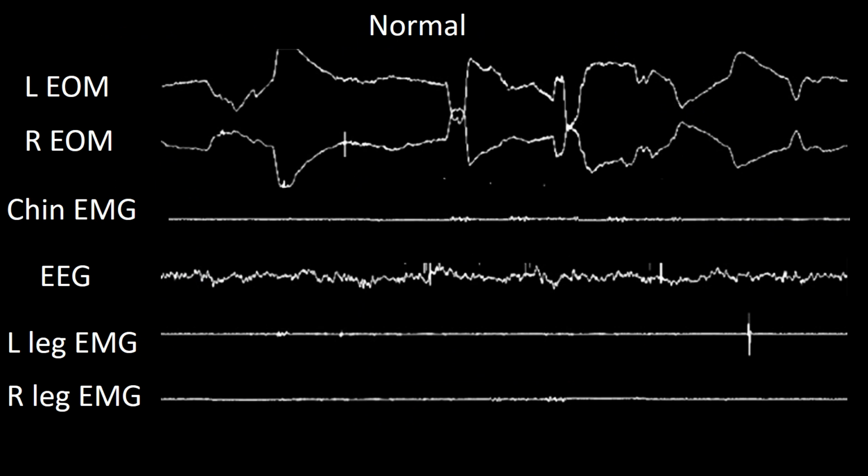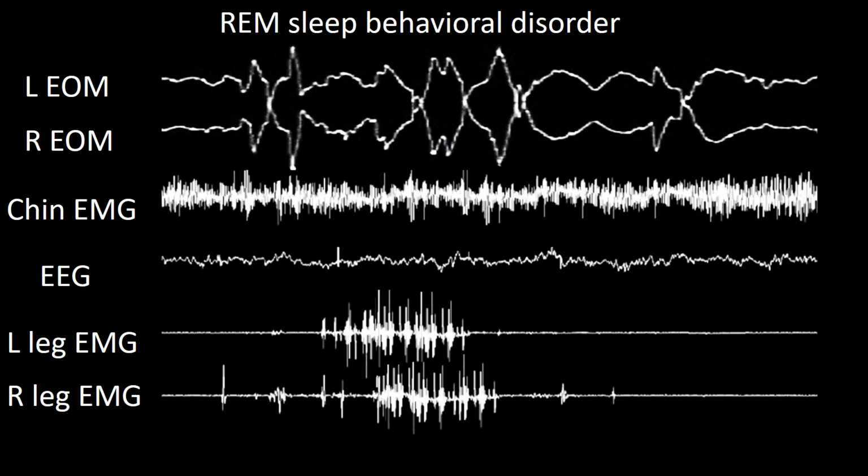Hence, as you can see in this frame, while extraocular movements are active and we're dreaming, chin EMG and leg EMG are flat, reflecting the hyperpolarization of motor neurons in the hypoglossal nucleus and the leg spinal cord motor neurons. Contrast this tracing with the one that I'm showing you now.